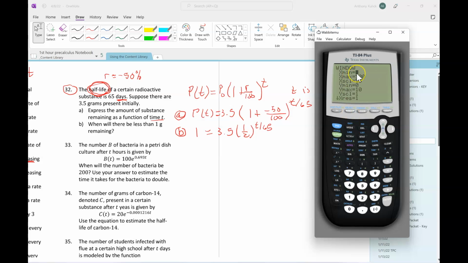Going to reset my window. So the x is my time. It takes 65 days to cut it in half. So after 65 days, we'll be down to 1.75. And then I cut in half again, I'll be under 1, right? So I'm going to do like 130. That's 2 half-lives. And I know certainly within 2 half-lives, I'll chop it down under 1. Does that make sense? Okay.